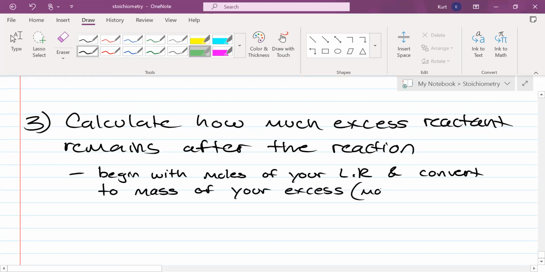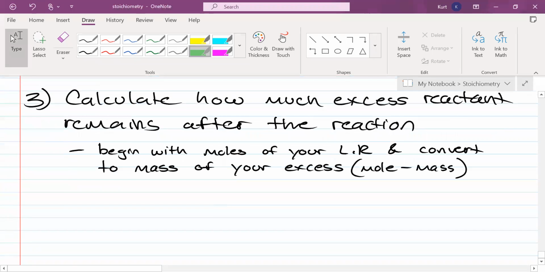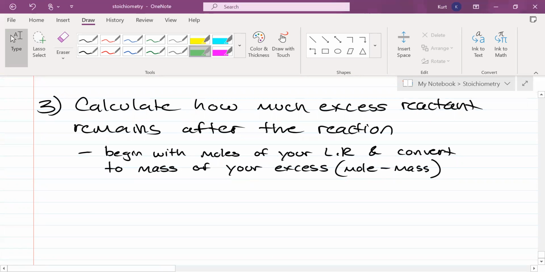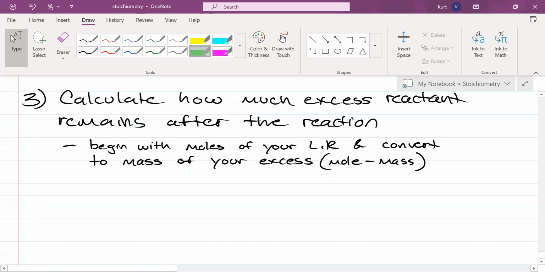This is going to be moles to mass. Is the excess in grams or mole? Right now it's in moles, but I'll tell you, this is a multi-step process. What I would tell you is let it play out. We're going to use the moles that we did during the conversion.